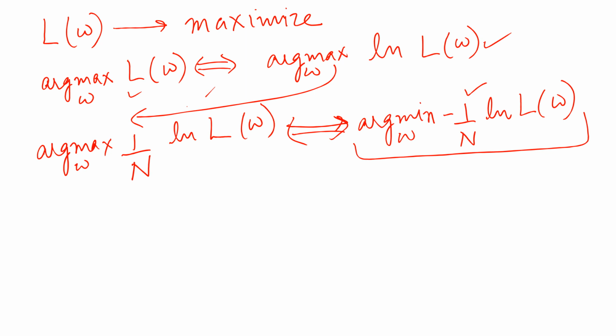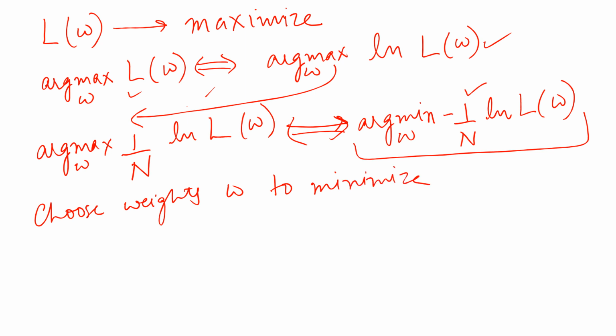So mathematically, what we're trying to do is choose weights W to minimize, because we have a negative here now, right?